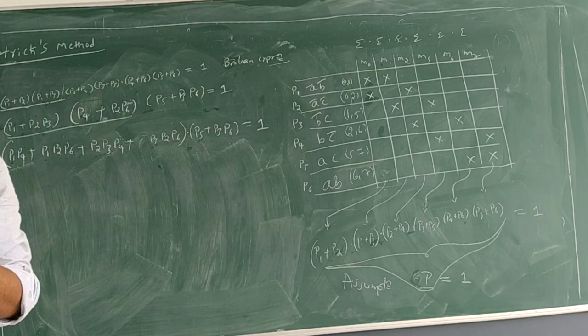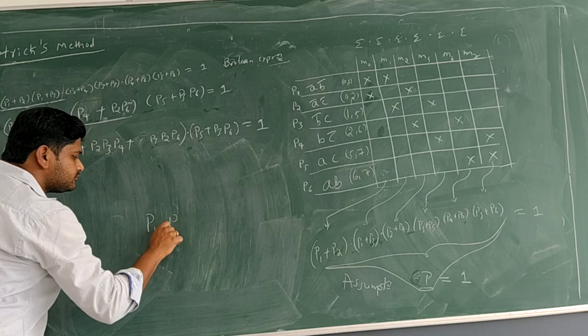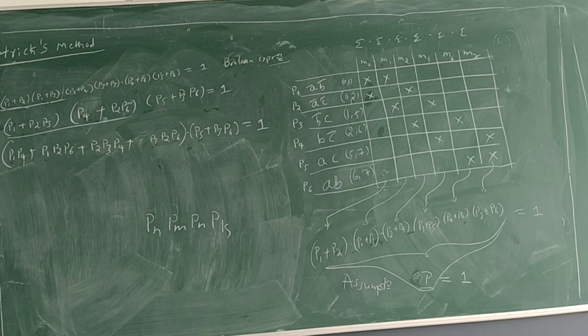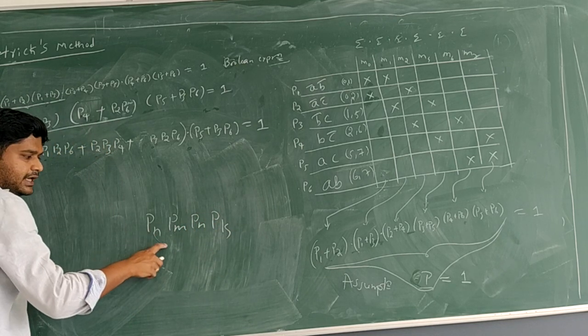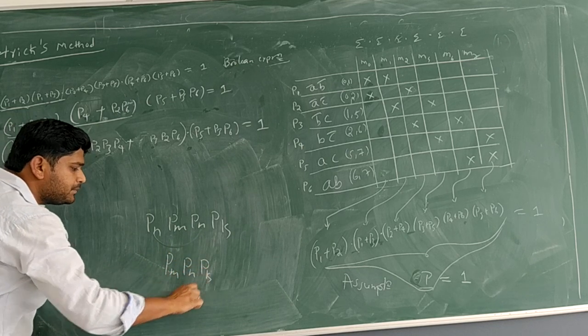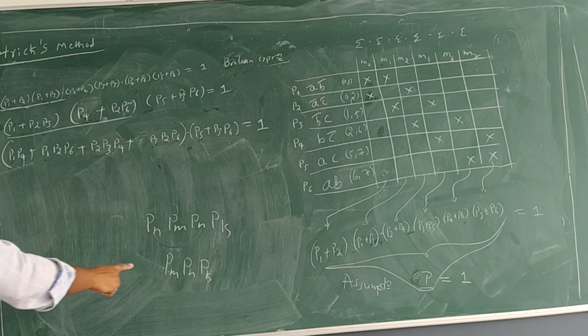In this representation, if any like this, so what is different thing about this? N is same, hence we can write Pm, Pn, Pk. Okay, that means what? If we get the same term multiple times, we can write only once.